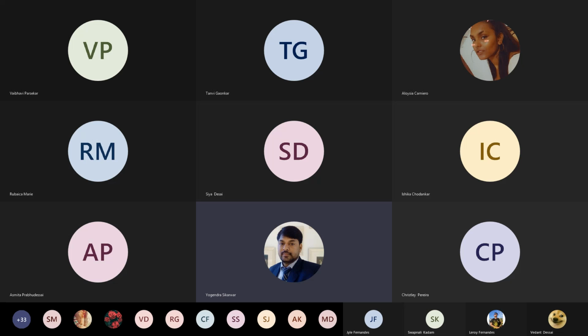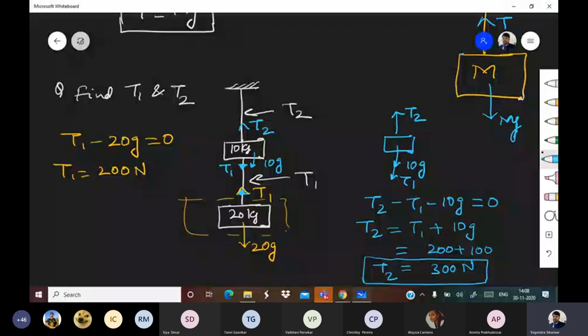So point to be noted here, everyone please pay attention. Wherever I'm talking about now, the shortcut method: wherever you want to find tension at whichever point, you cut the string from that point, and the part which falls will be causing the tension.